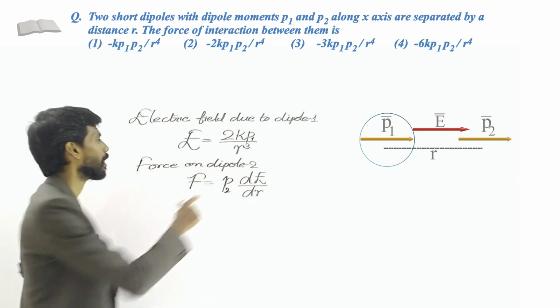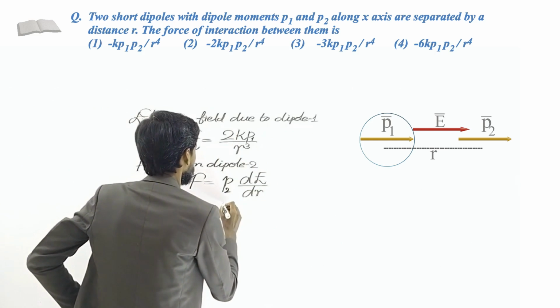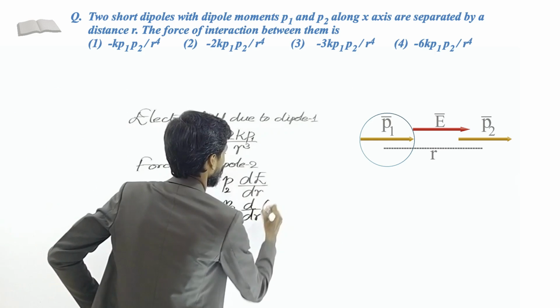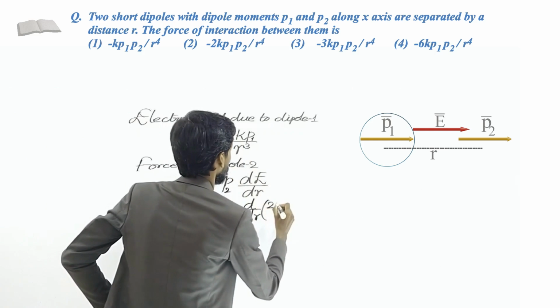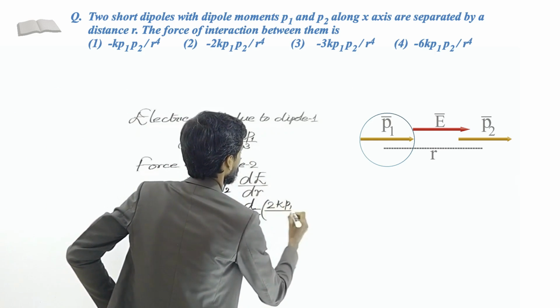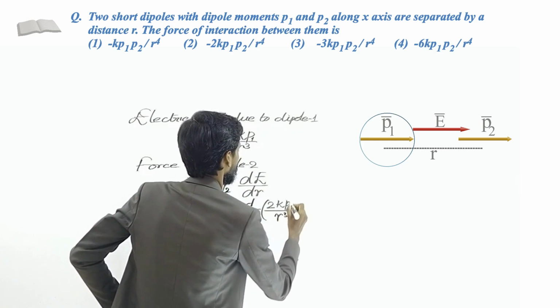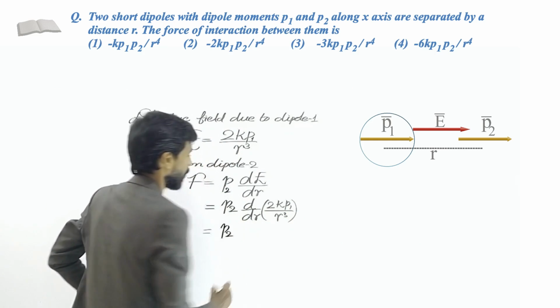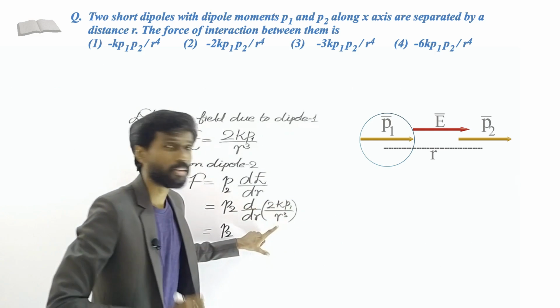Let us do the differentiation here. This is P2 multiplied by d by dr of E, that is 2kP1 divided by r cube. Let's find the derivative: P2 multiplied by, these are all constants, r to the power minus 3.